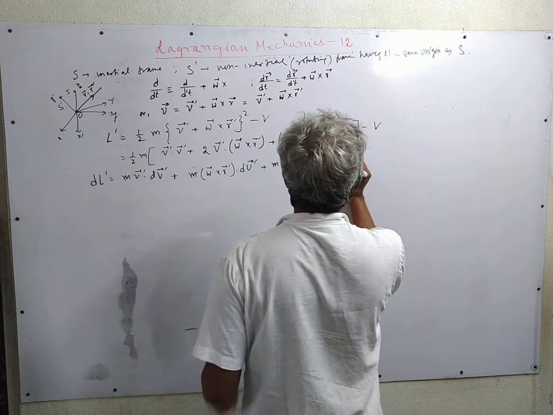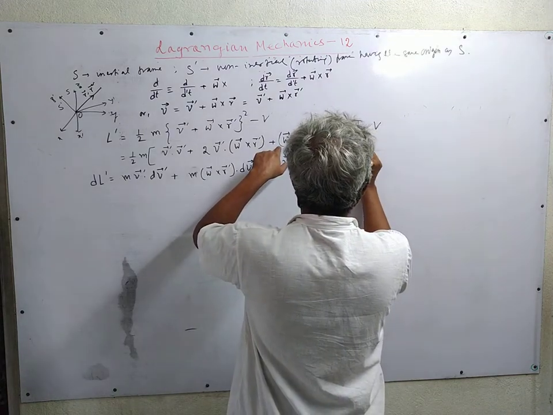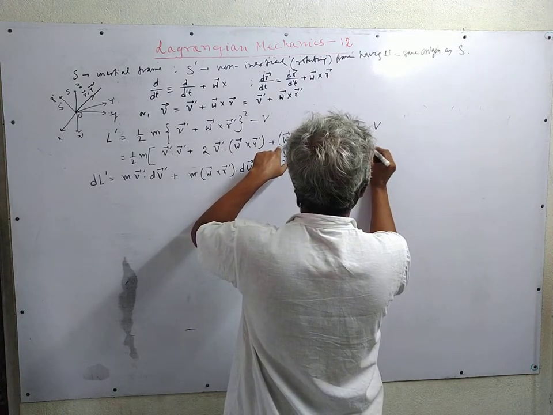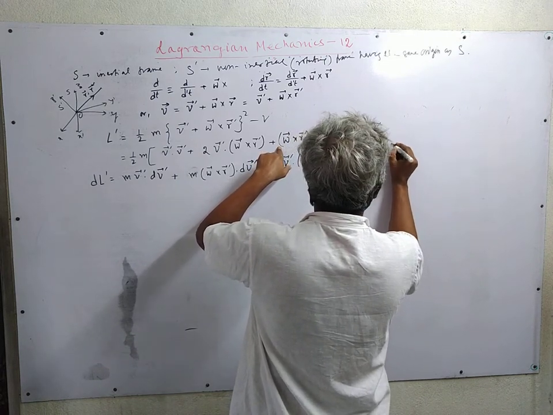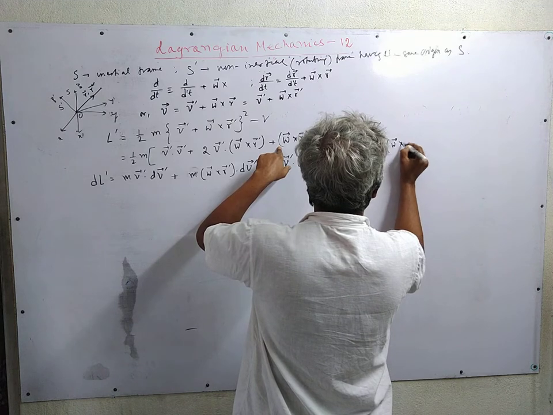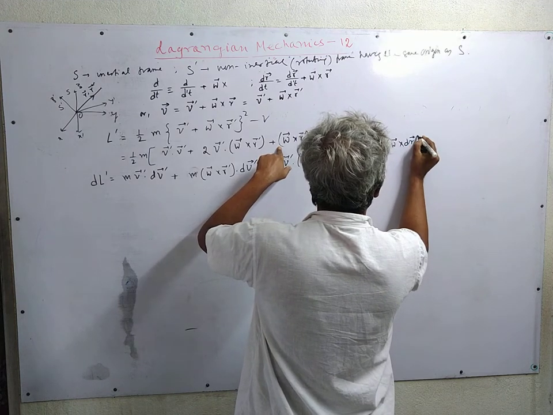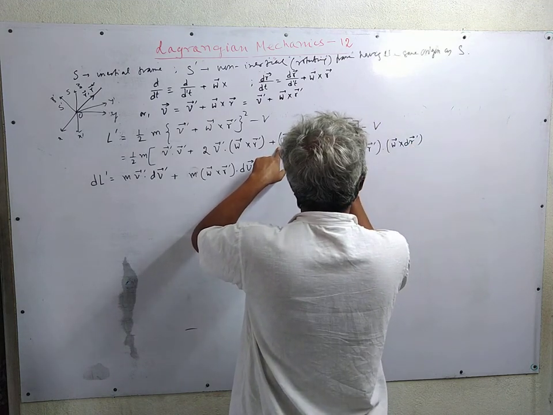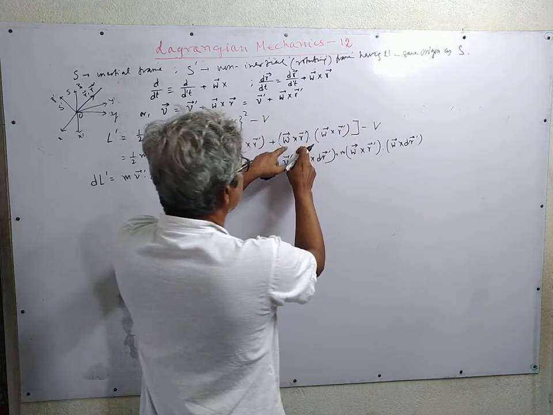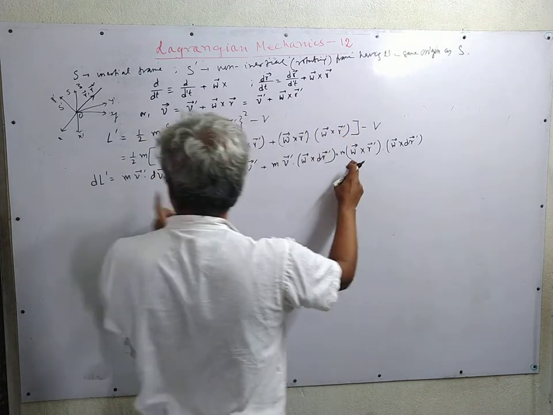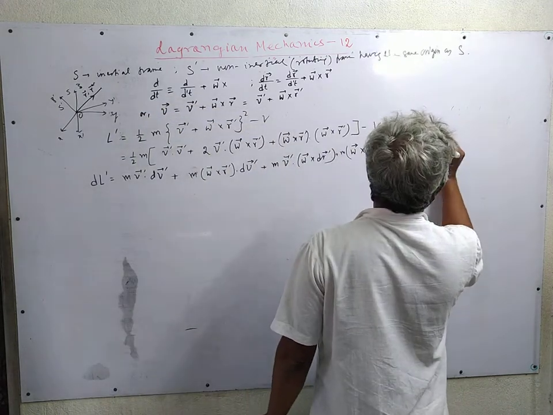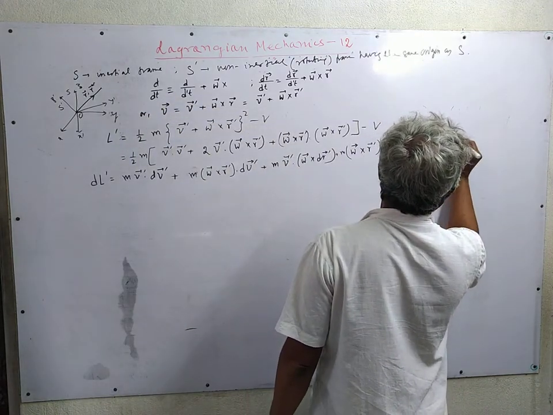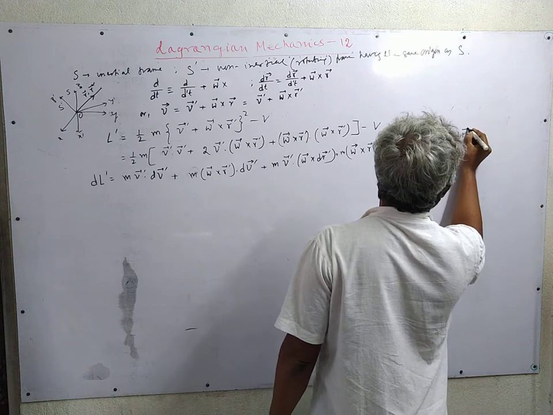And there is a term (ω cross r')·(ω cross dr'). There are two such terms, one coming from this, another coming from this, which just cancel the half factor, and this part is written as grad V·dr'.